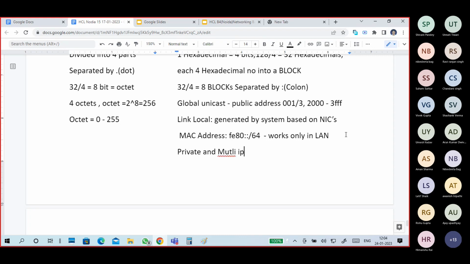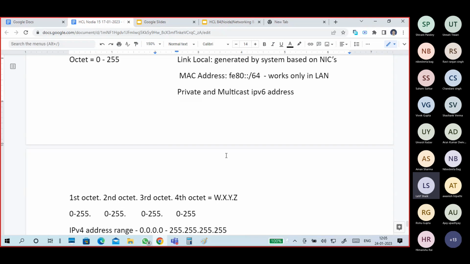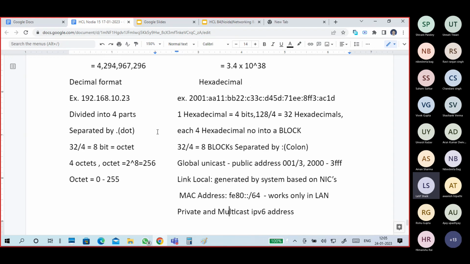For the private range, one is FC and another is FD. Just check it once; go through any Cisco site and you will get it.